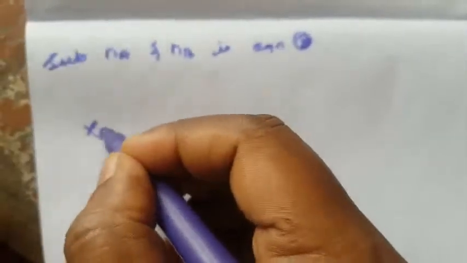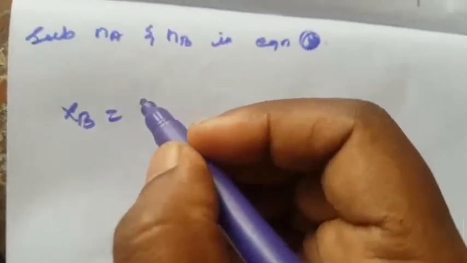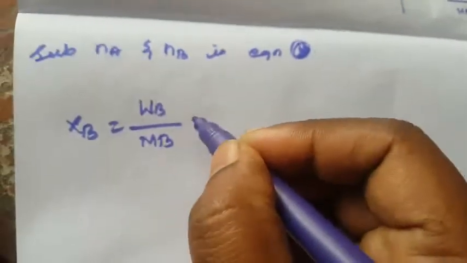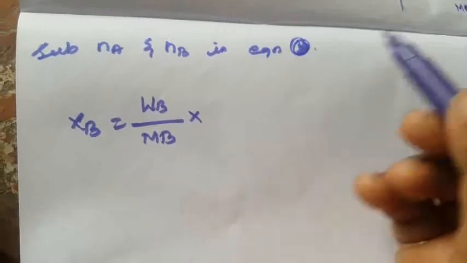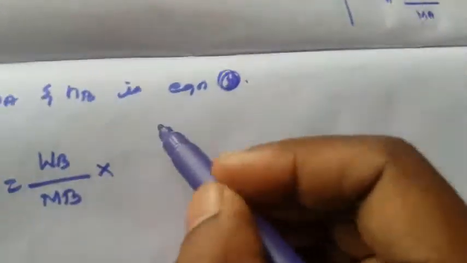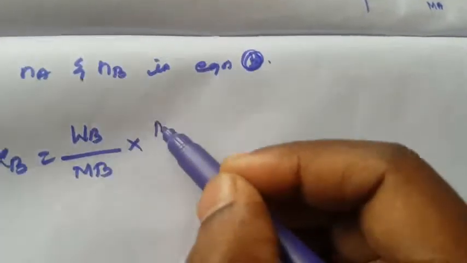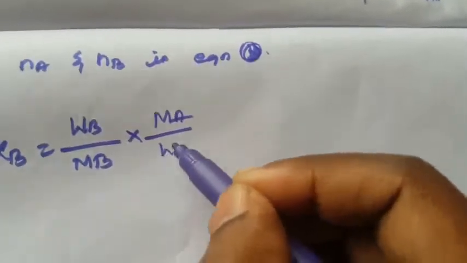Xb is equal to Nb, that is Wb by Mb, divided by Na, so multiplied by Ma by Wa.